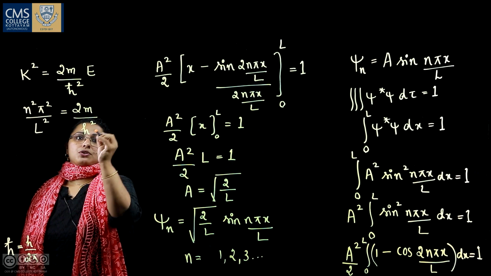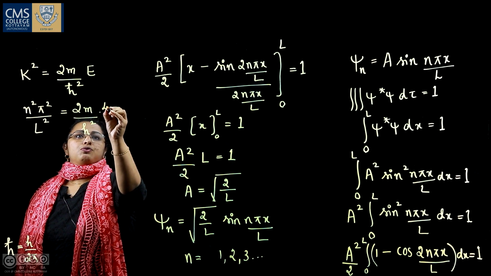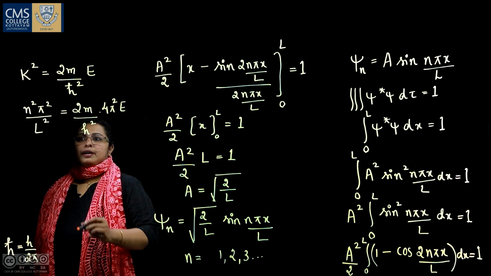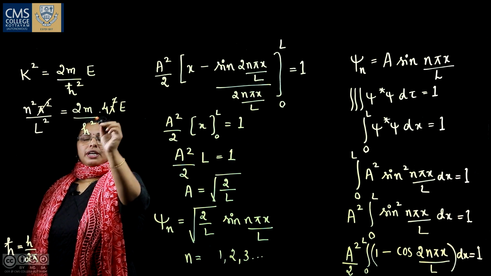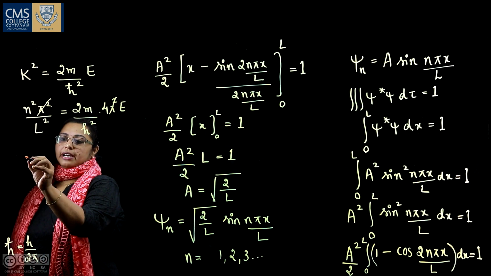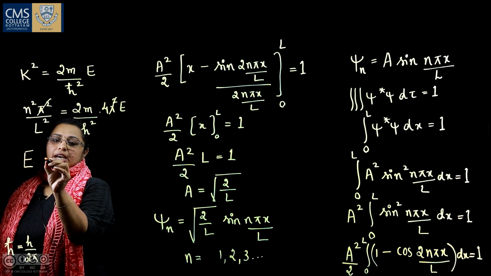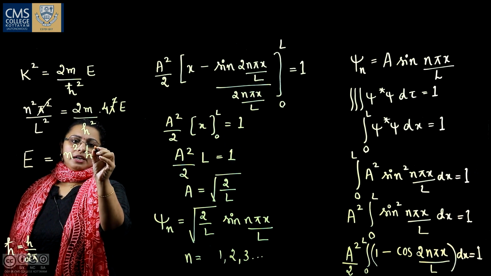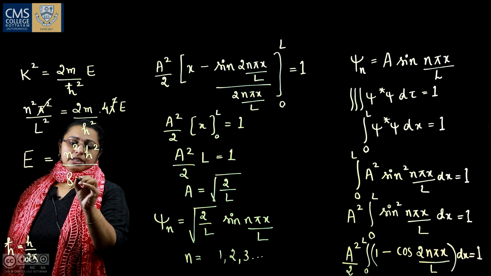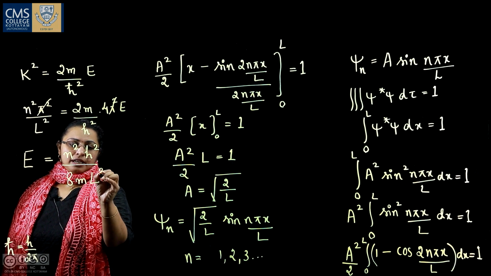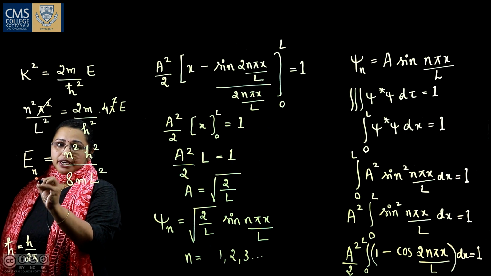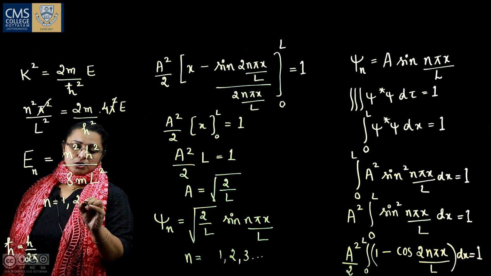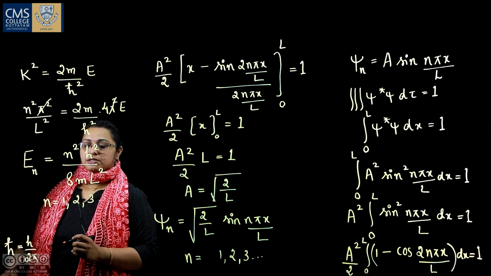Therefore, it becomes h square into 4 pi square E. Pi square and pi square get cancelled. You get the value of E as equal to n square h square by 8mL square, where here also n is equal to 1, 2, 3, etc.